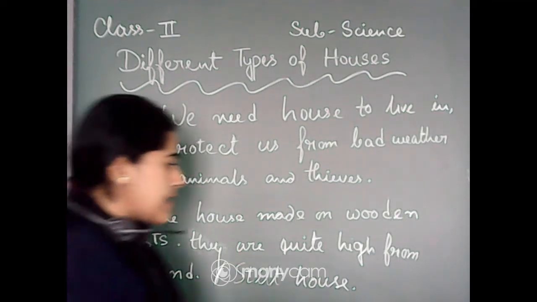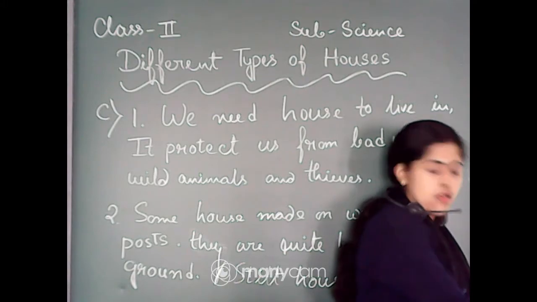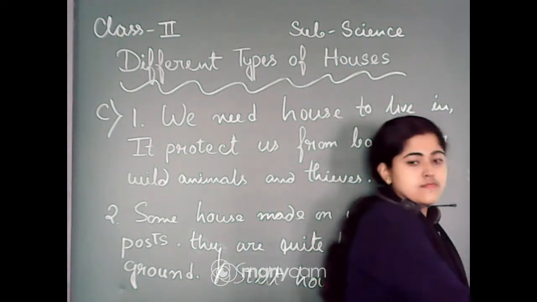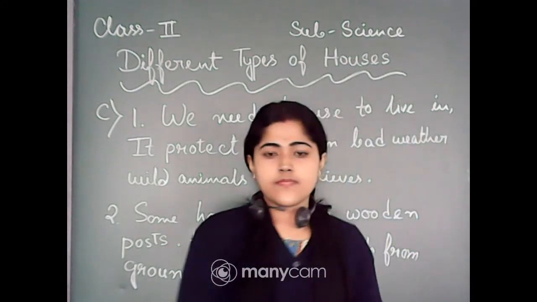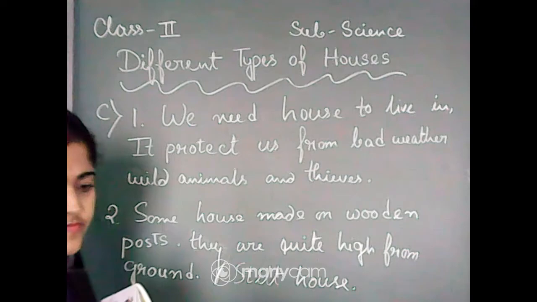You can check it here from the board. So this is your answer for stilt house. Some houses made on wooden posts that are quite high from the ground are called stilt houses. Next, go to question number 3.